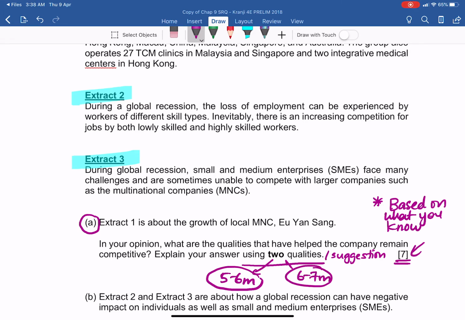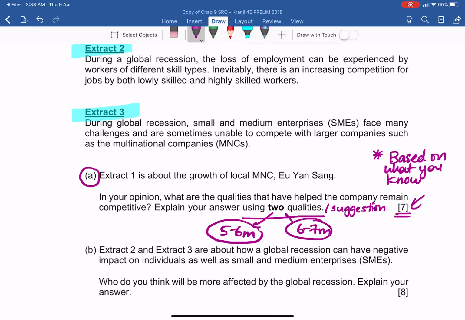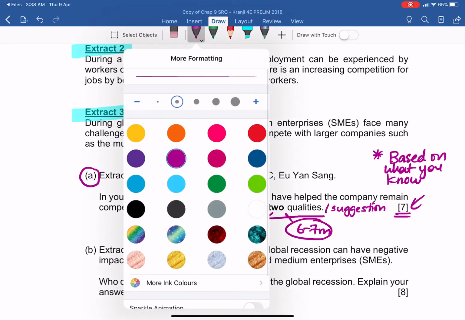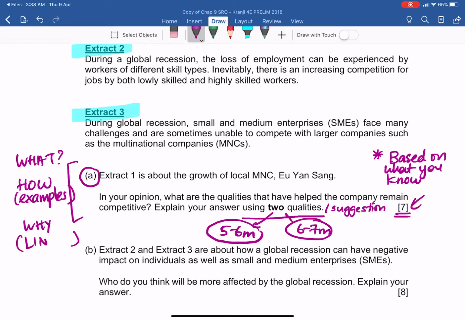I think there are many ways of essay writing, but the easiest one that you have learned for social studies would be just the what, the how, which is actually the examples, and the why. And the why here relates to the link.